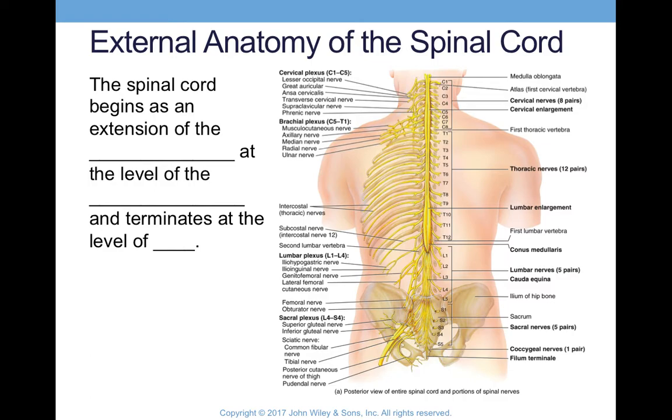The spinal cord will begin as a continuation of the medulla oblongata, and it will terminate at about the level of the second lumbar vertebrae in the adult. So it will begin as a continuation of the medulla oblongata.